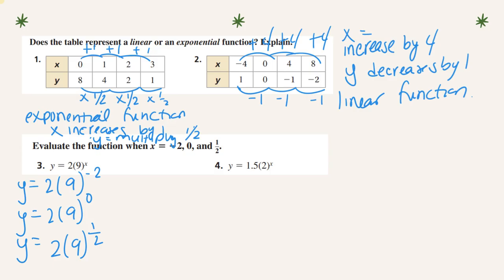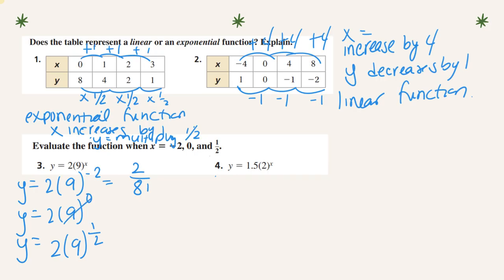We know that this simplifies to 2 times 1 over 9 to the power of 2, which gives me 2 times 1 over 81. And what is 2 times 1? 2. So my answer for this one is 2 over 81.